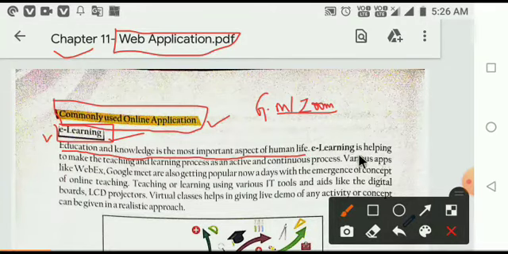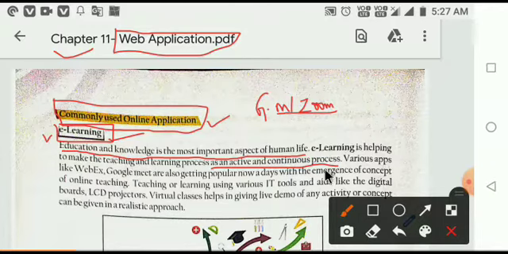E-learning is helping to make the teaching and learning process an active and continuous process. Active and continuous process means that you have to study with focus. If you do not study with focus, then you will fail in achieving your goal. Because of the lack of classes, you will not become a good scholar. So hope everyone understands about it.